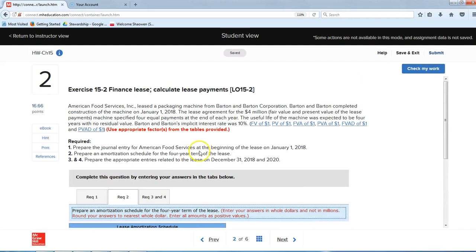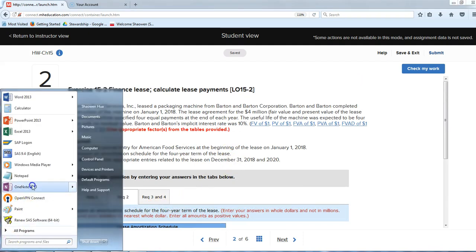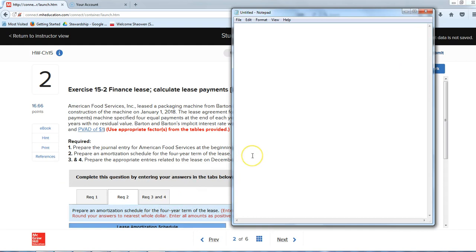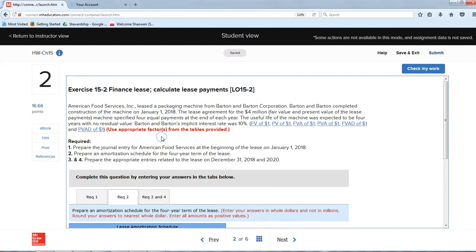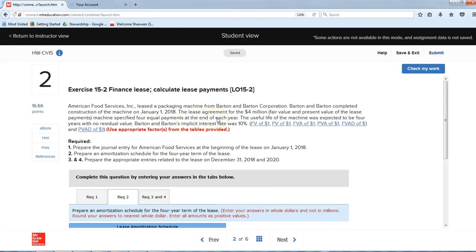Each payment, if I set it as X, multiplied by a discounting factor equals $4 million. Therefore, my lease payment is equal to $4 million divided by the discounting factor. What is my discounting factor? Equal payments are made at the end of each year.